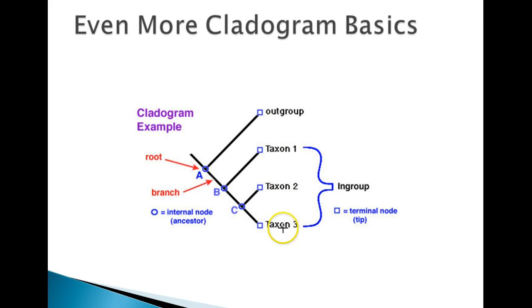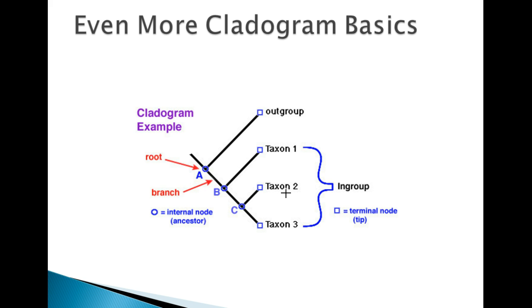So because these are closer to each other, that means something. Well, this hypothesis implies that the ancestral population at node B lived before the ancestral population at node C. It does not say how much earlier it lived.